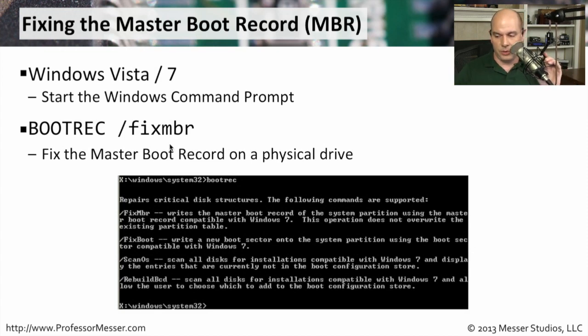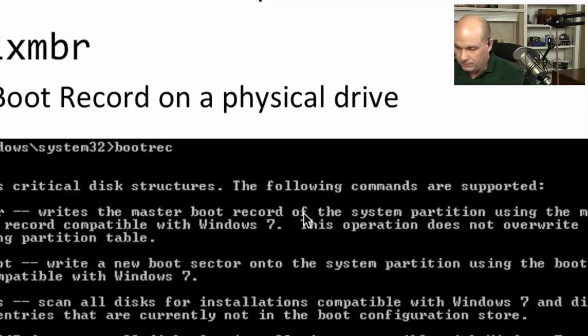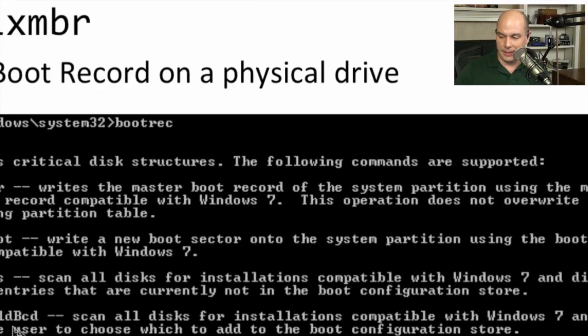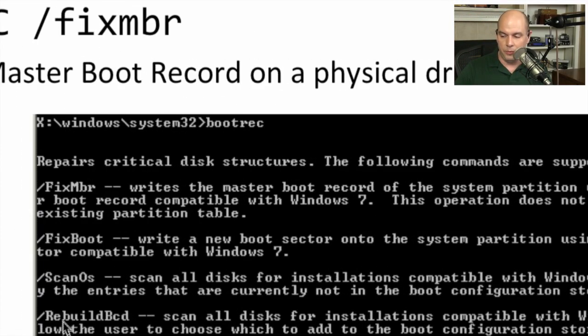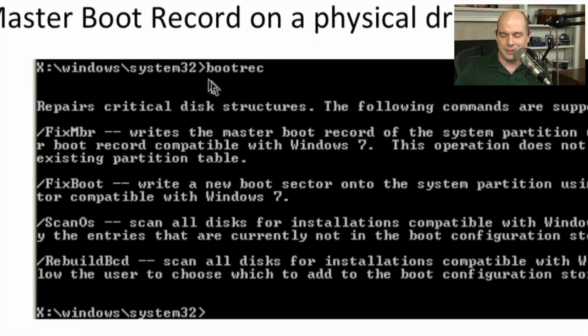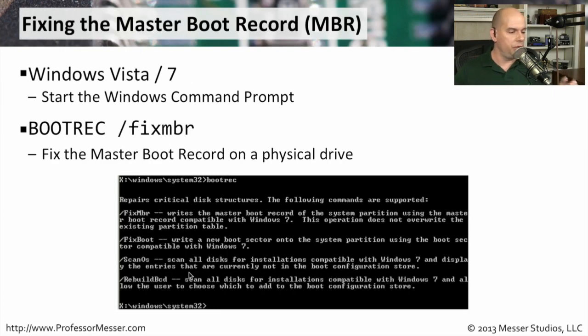Now that's just going to fix the master boot record on a drive. I'm going to zoom up a little bit so you can see what you get. If you just type in bootrec, you've forgotten, what do I type in? It's bootrec /something. It will tell you fixmbr, fixboot, scanos, rebuildbcd. So that's one of the ways that you can go through and resolve and rebuild the master boot record that's on your computer. Be a good way to do that.